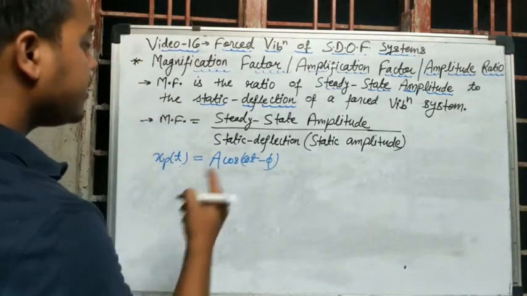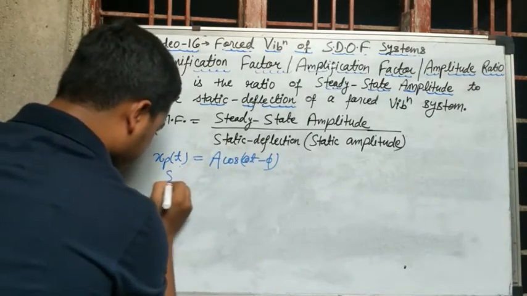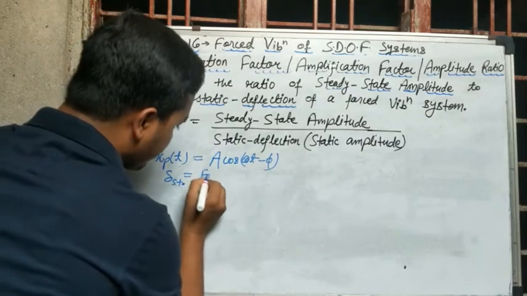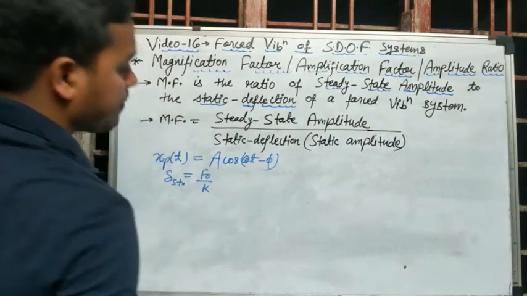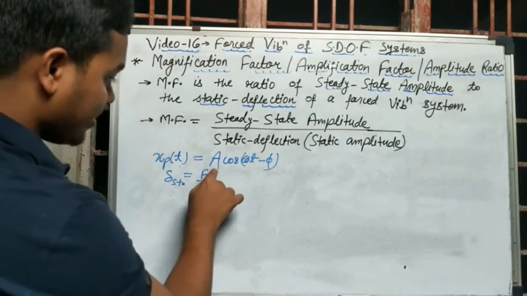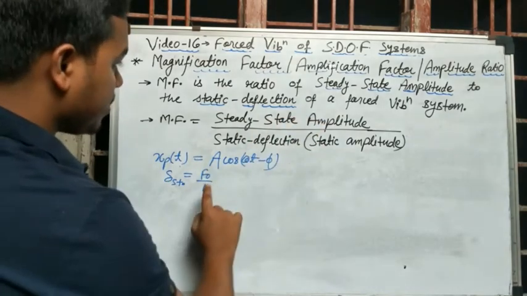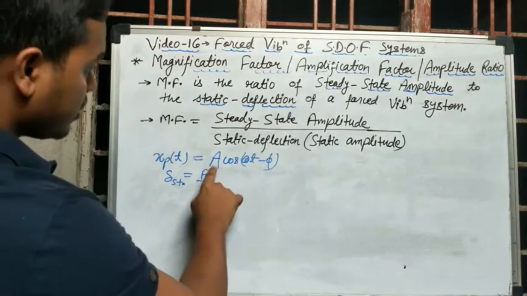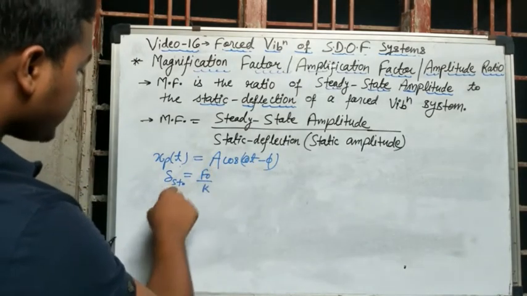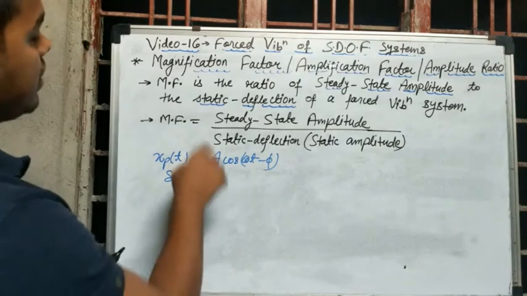And the static deflection we were representing by delta_st, and the formula was F naught by K. So this A, the amplitude of the steady state response, divided by this delta_st is what?